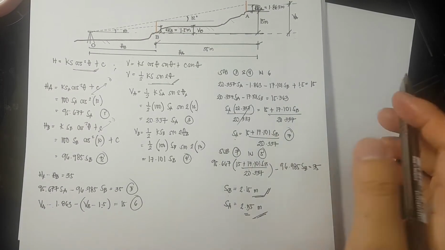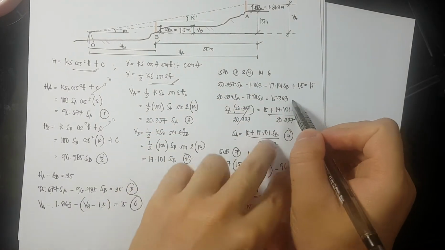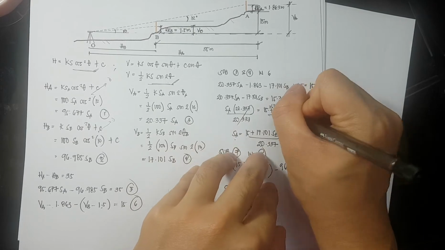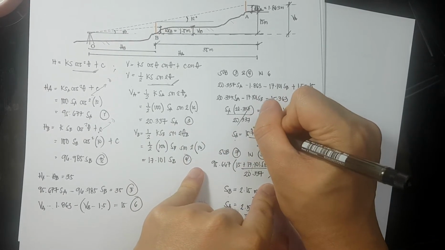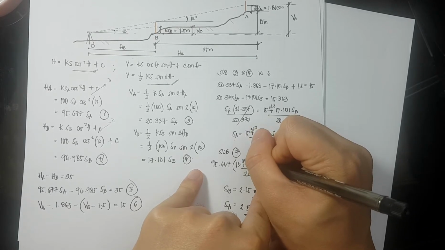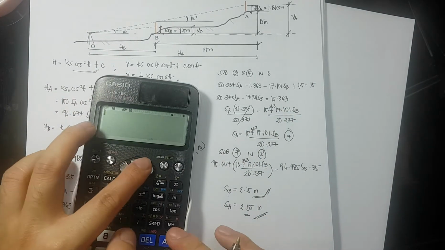Wait, may mali tayo. Hindi natin na-include yung decimal. So this is 15.363. This is 15.363. So nagkamali.